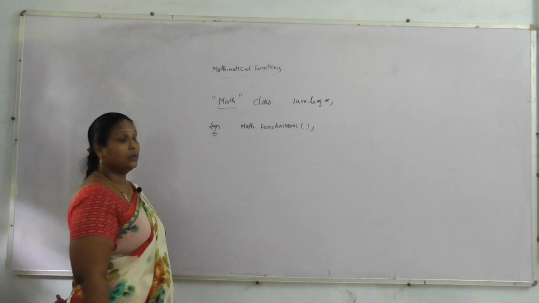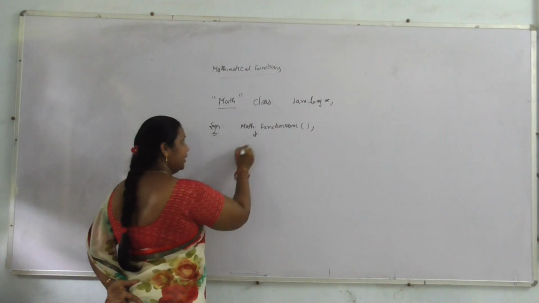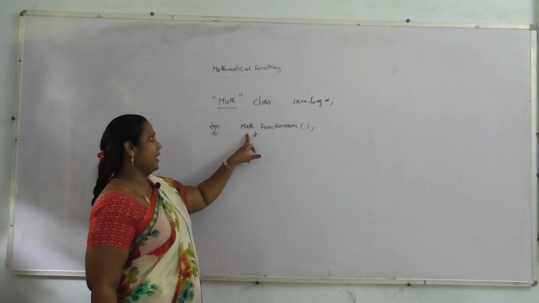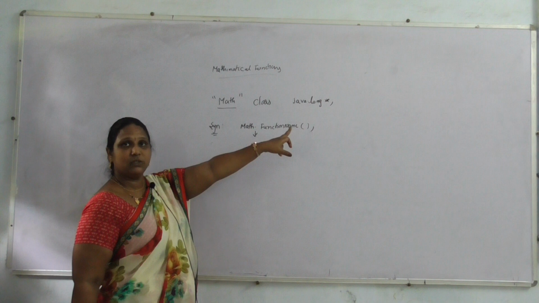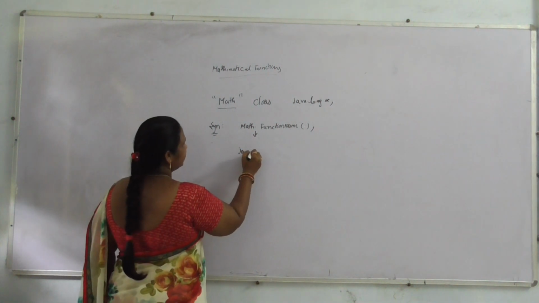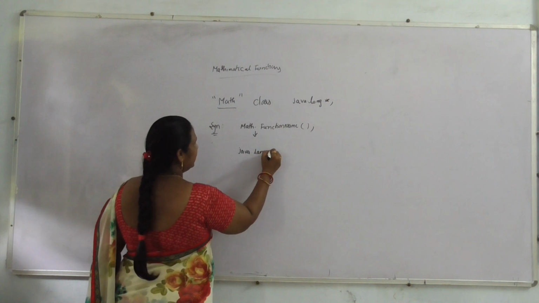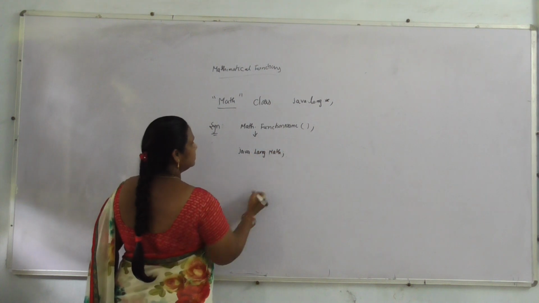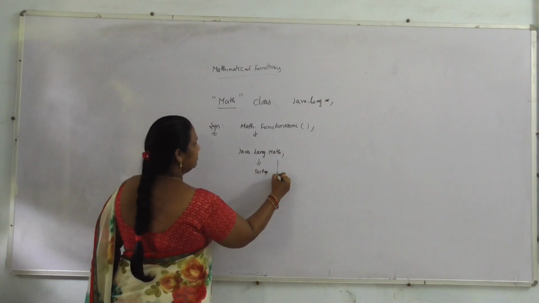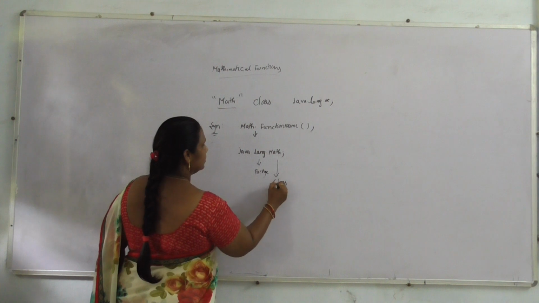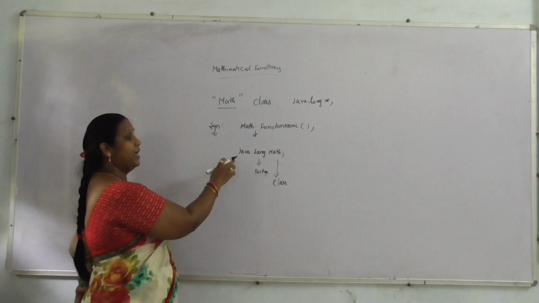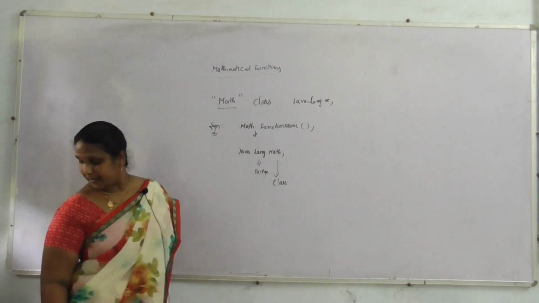Through the dot operator, we access the functions in the Math class from the lang package. We write java.lang.Math. Here lang is a package and Math is a class, and the Math class belongs to package lang.